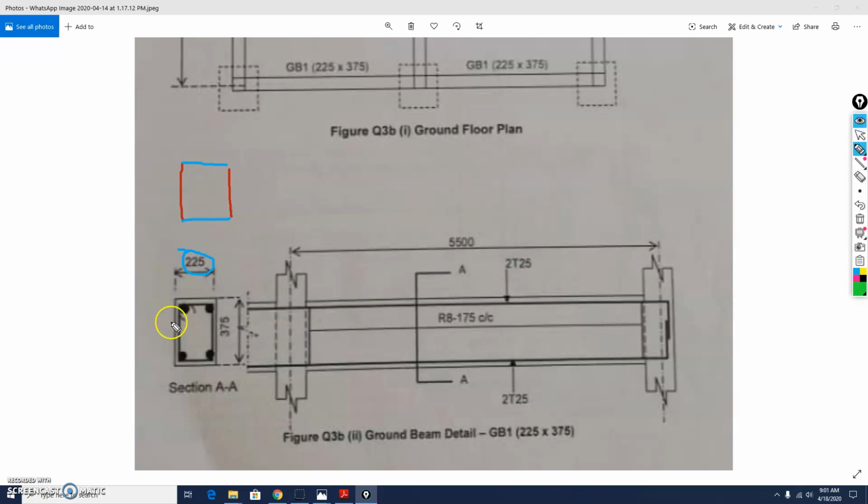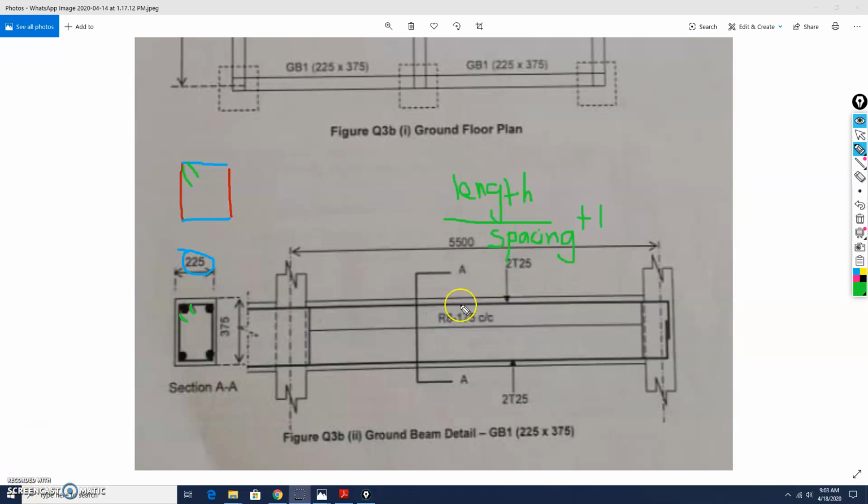And lastly, we are going to determine the length of the anchorage here. So we have 2. Because it uses R, for one anchorage it will be 12D. So you have 2 anchorages, it will be 24D, whereby your D will be 8. So when you calculate, you will get the length of your anchorage here.